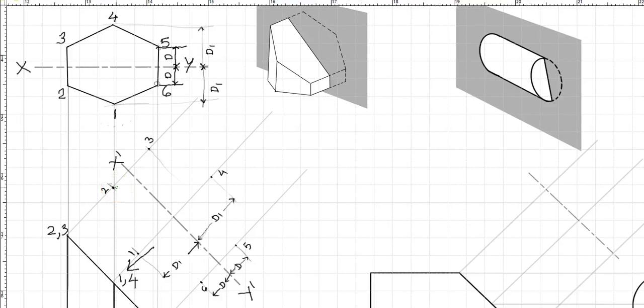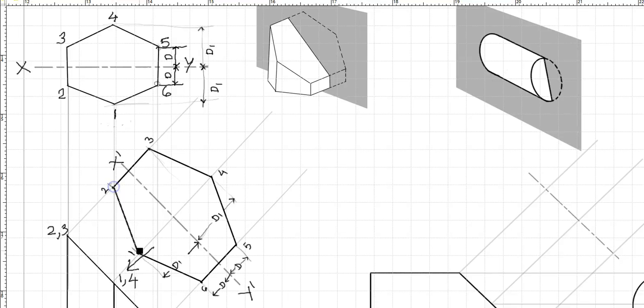The next thing we need to do is just connect these dots to get our auxiliary view. So for doing that, I am going to connect the dots. There's 2 and 3, which is this one, 3 and 4, which is that surface, 4 and 5, that is this surface, 5 and 6, that's this one, 1 and 2, that goes that one, and 1 and 6.